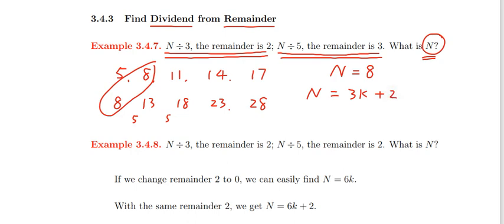And n divided by 5, remainder is 3, so n can also be written as 5k2 plus 3, where k1 goes with the first and k2 with the second. So we want to find the general form for n.